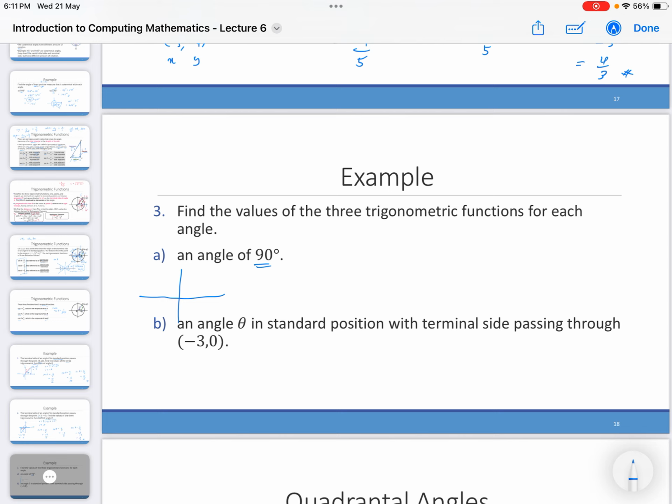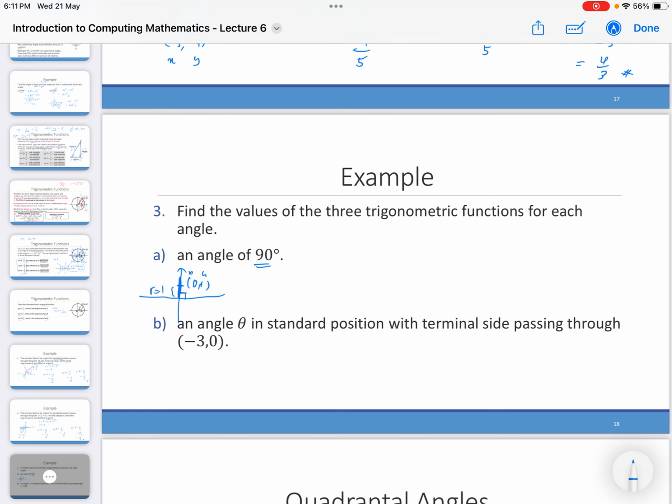Basically, 90 degrees from the positive x axis is over here. Let's pick any point, the easiest one will be (0, 1). So that means r is equal to 1, the distance is 1.